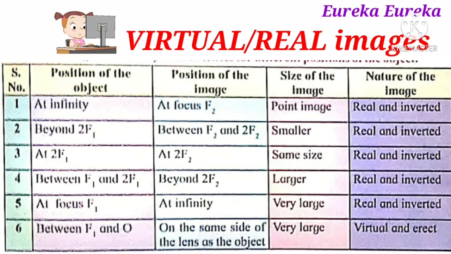But remember that concave lens gives only one type of image, that is a virtual image.